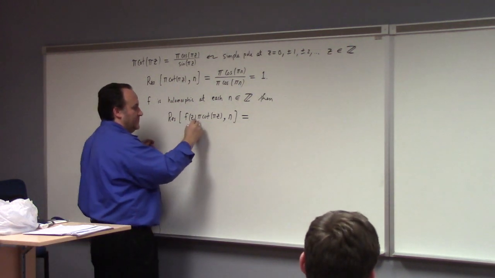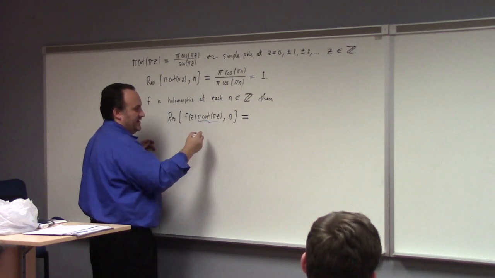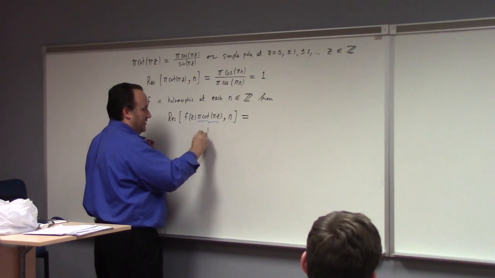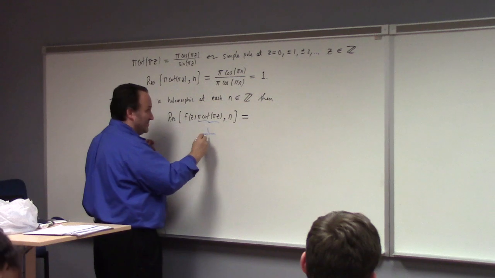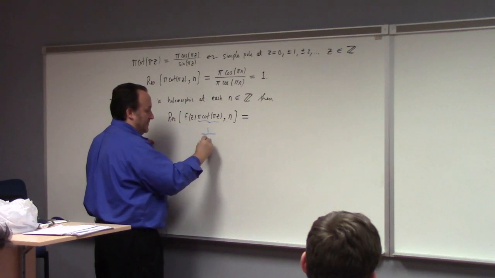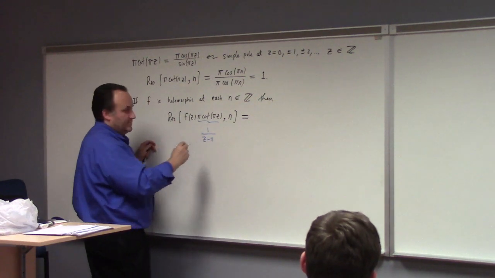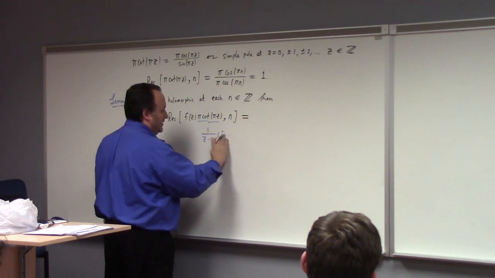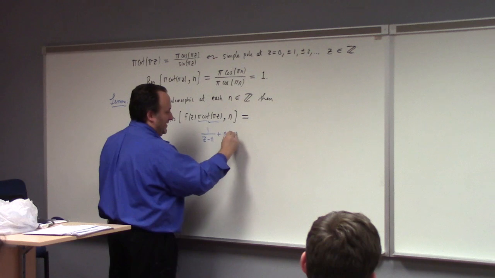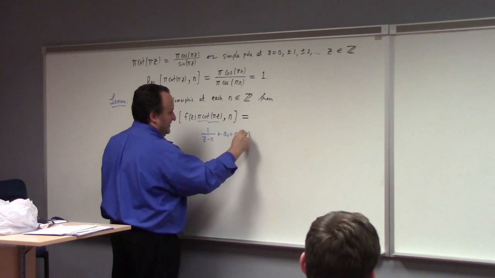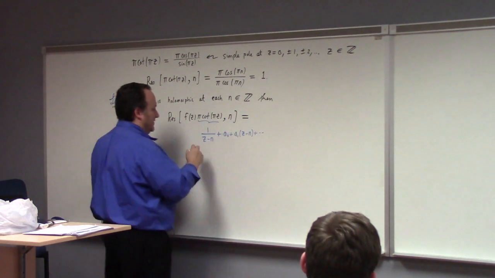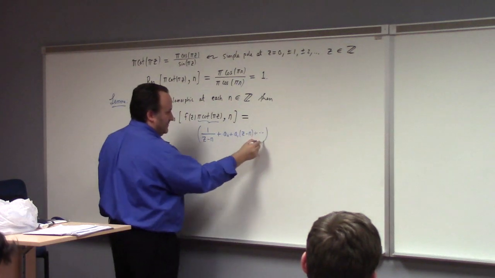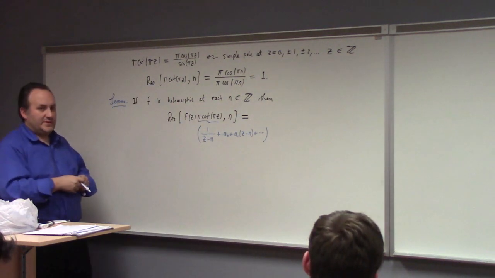See, we already know that this has a Laurent expansion of like 1 over z minus n, right? Plus stuff. Plus like a0 plus a1 times z minus n, and so forth and so on, all right? But the principal part of it is just what?